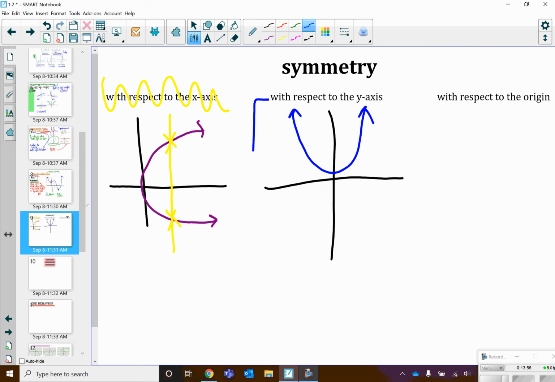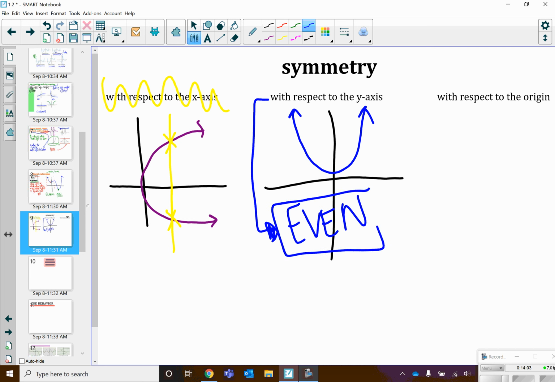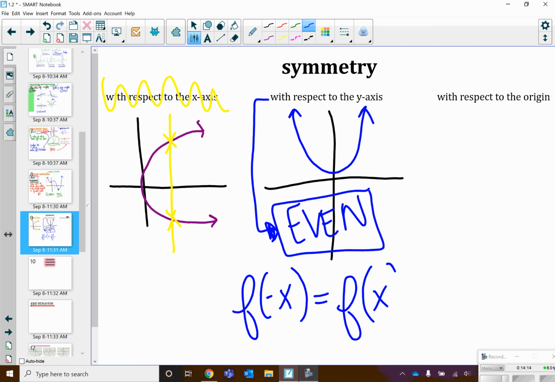If it is symmetric to the y-axis, we call that function an even function. And a really important characteristic with an even function is that if you plug in the opposite of x, it's going to be the same as plugging in just that positive x. Visually, here's some x value. I get this y value. Even if I plug in the opposite of that value, I am still getting that same y value.